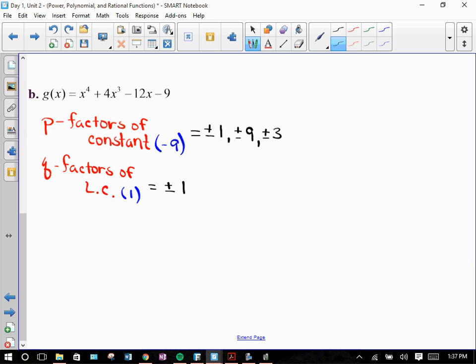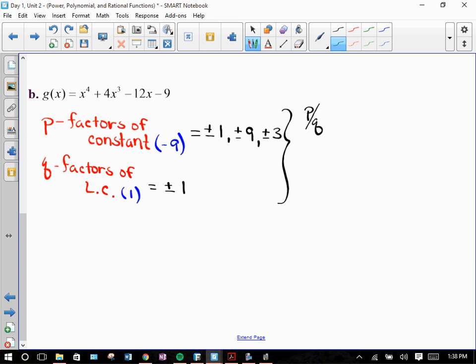Alright, so we have all the factors we need. Now what we need to do is find the potential rational zeros. So what we do, we divide each number that's here by each number that's over here.